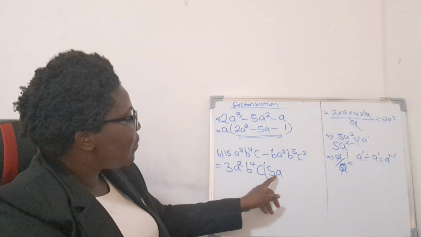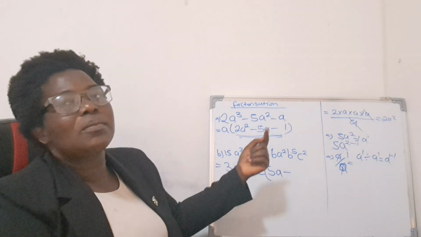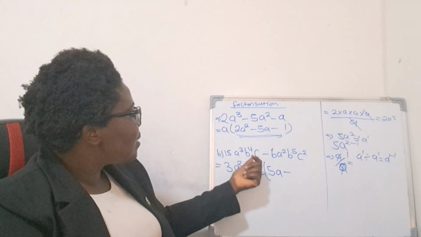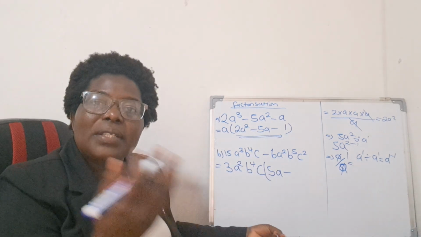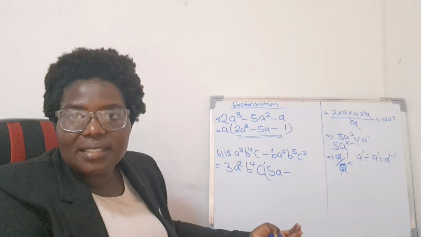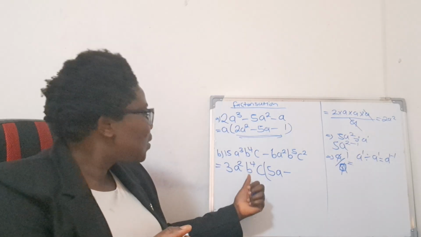So it's going to be 5a, and we're not going to multiply by 1 times 1, because the ones we got here will just remain 1. Any number times 1 is just that same number. So 5a times 1 gives us 5a.